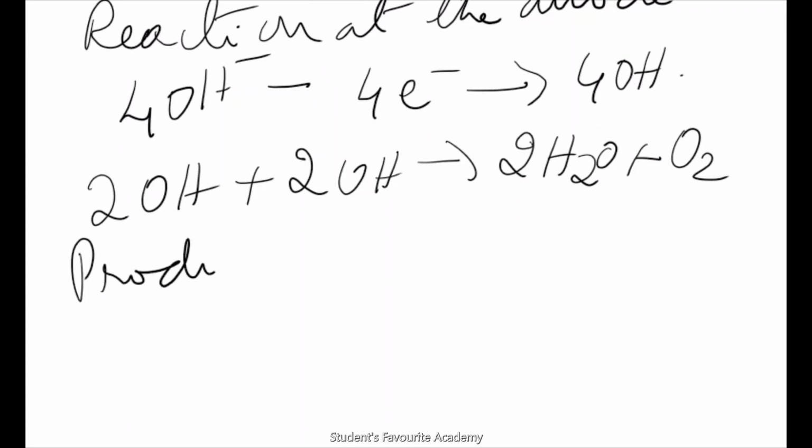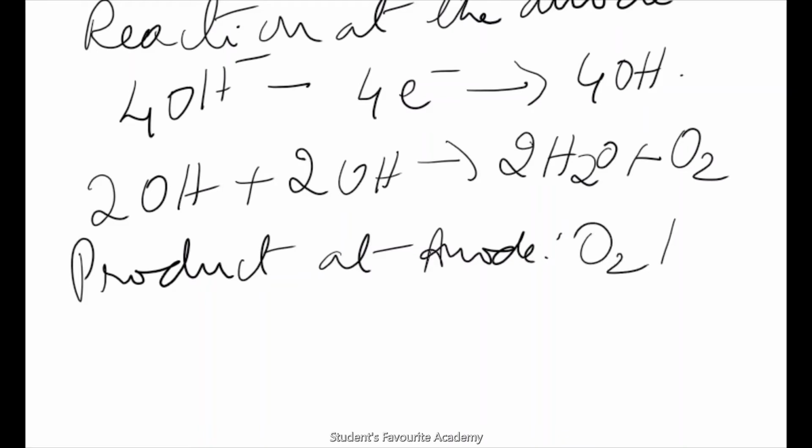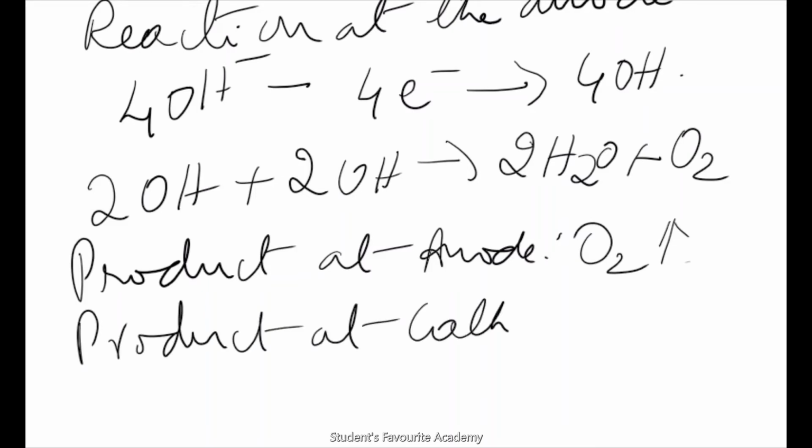So the product at anode is oxygen gas, and the product at cathode is reddish brown copper metal.